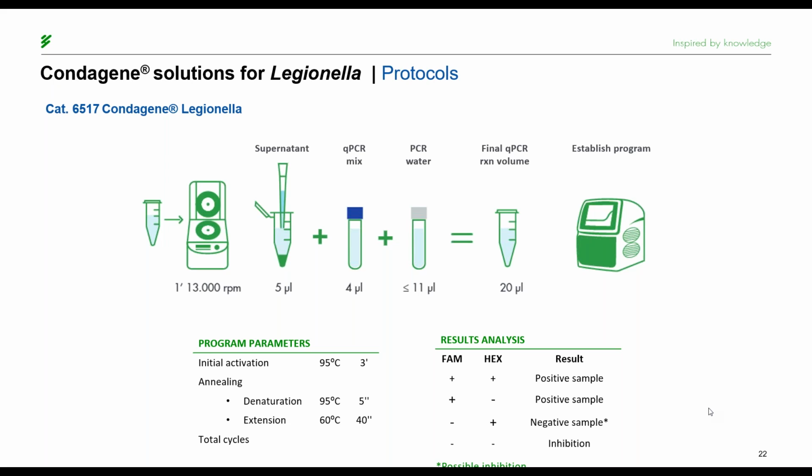So if we have the FAM channel positive, we would be talking about a positive sample for Legionella. If FAM is negative and X is positive, the sample is negative.